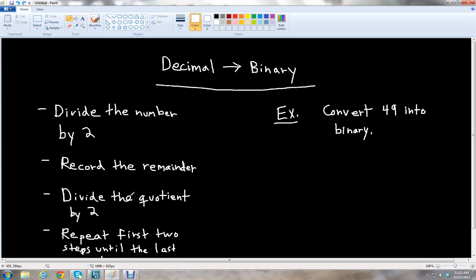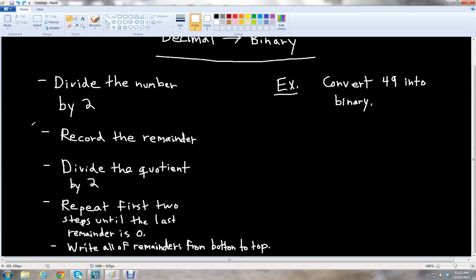And then we're going to divide the quotient, the value that we get with dividing by 2. And then we're going to repeat these two steps until the last remainder becomes a 0. And then we're going to write all the remainders from top to bottom.